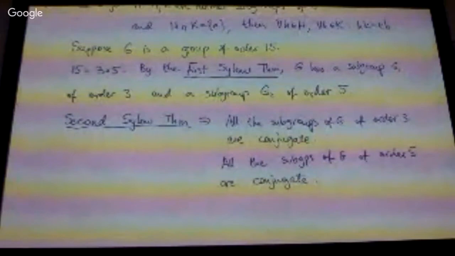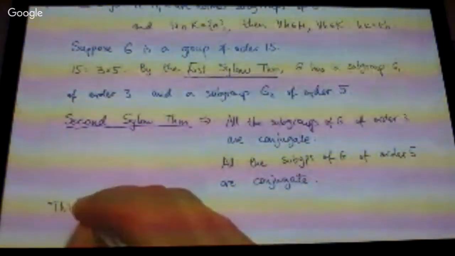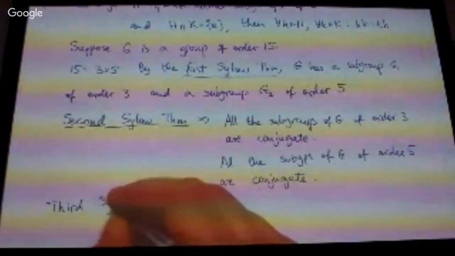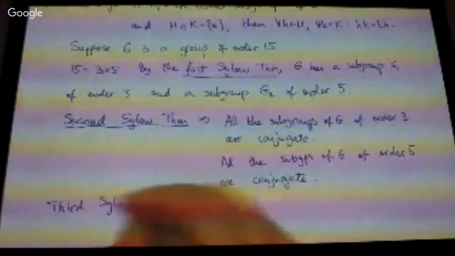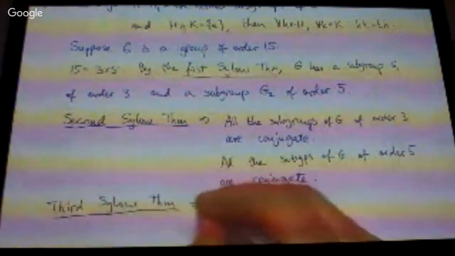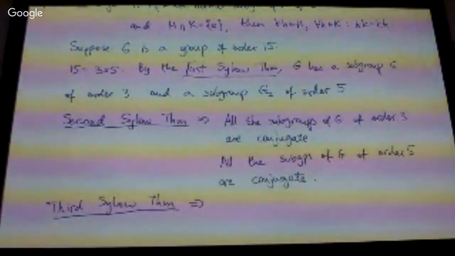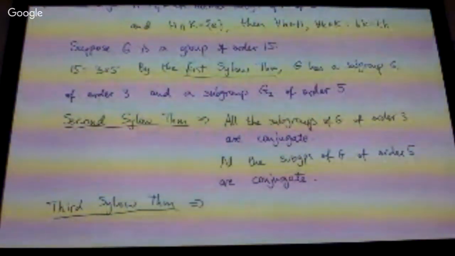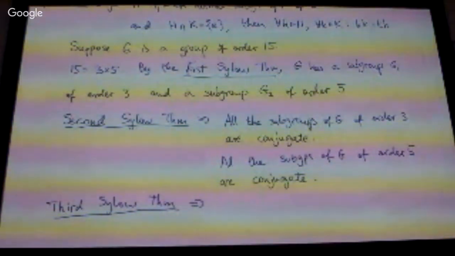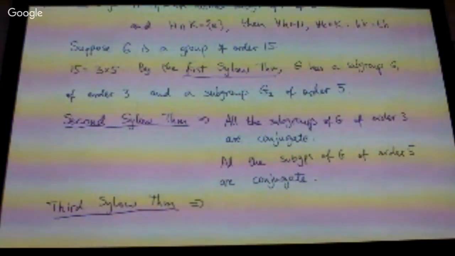Okay, and the third Sylow theorem talks about the number of these subgroups. It says that the number of p-subgroups is congruent to 1 modulo p and is a divisor of the order of the group.